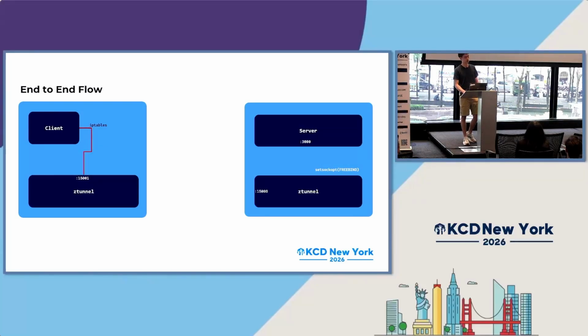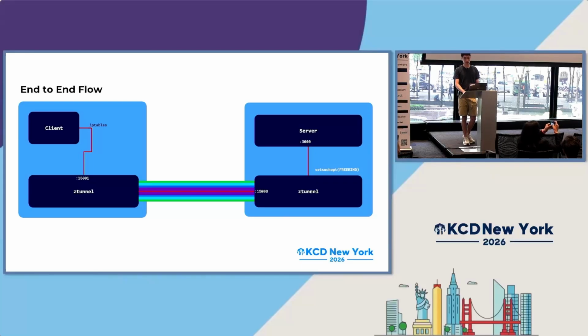Ztunnel inspects the original destination and creates a socket inside the client application network namespace, inside the application pod, and forwards traffic using HBone to the peer ztunnel. Ztunnel then inspects, does any authorization or authentication it needs, and if everything passes, it will forward traffic to the server.